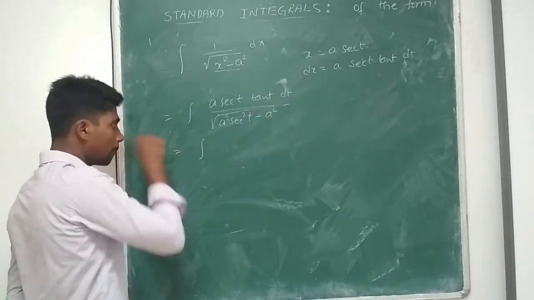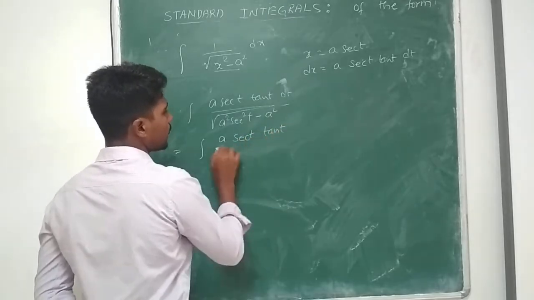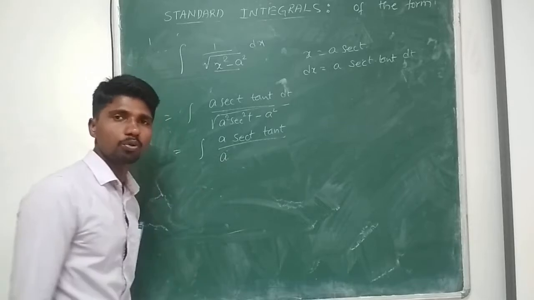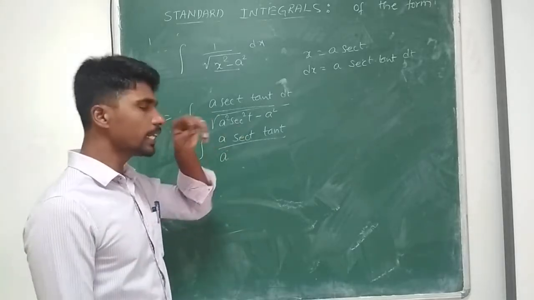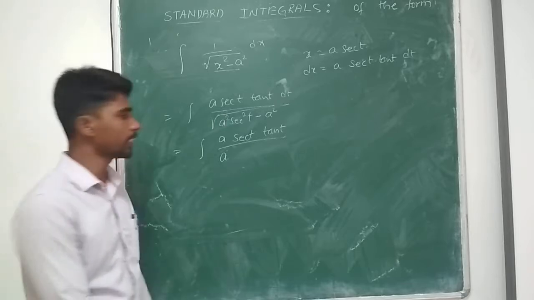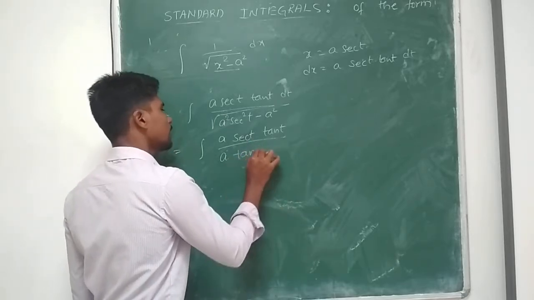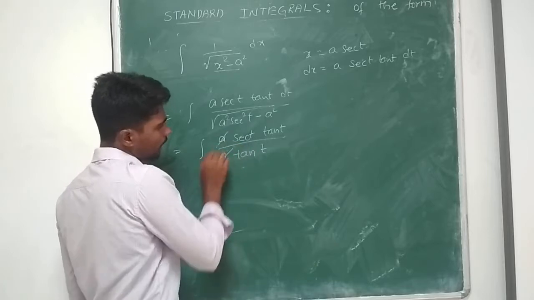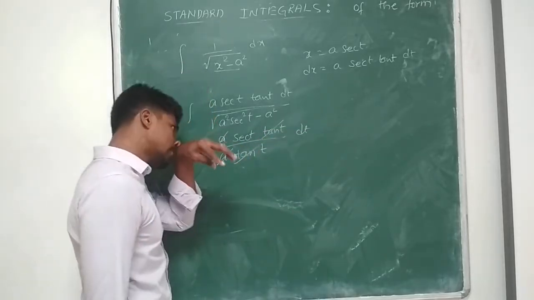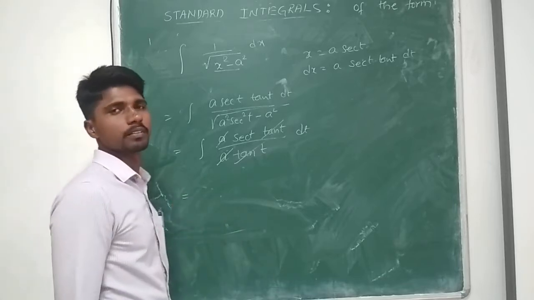Now integral a into secant t into tan t by, taking a square common, root of a square is a, and root of secant square t minus 1. Secant square theta minus 1 is tan square theta, so we get tan square t. Root of tan square t will be equal to tan t. So a and a get cancelled, tan t and tan t get cancelled, and I have integral secant t dt.